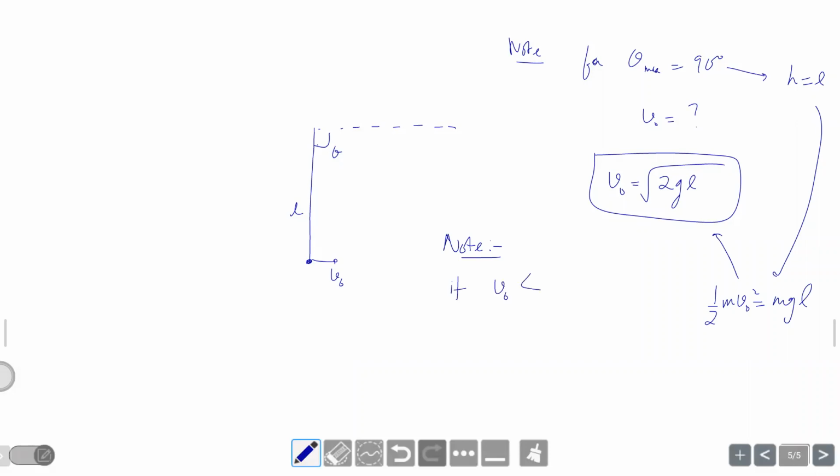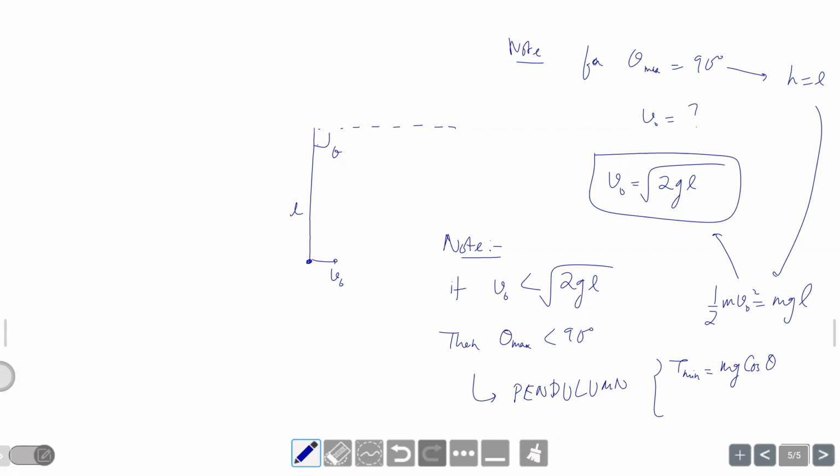So now we are getting a formula from this: if our initial speed is less than root 2gL, then theta max will be less than 90 degrees. So the system acts like a pendulum. And the minimum tension is equal to mg cos theta max, which is by the way greater than 0.